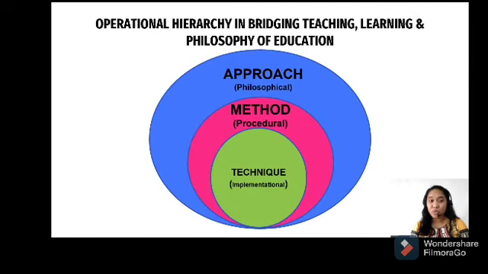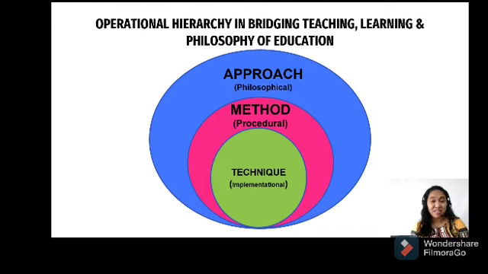The slide shows the operational hierarchy in bridging teaching, learning, and philosophy of education. It says that approach is philosophical. A while ago, we learned that approach is the set of principles, beliefs, and ideas on which teachers anchor their teaching way. Now, method is procedural.